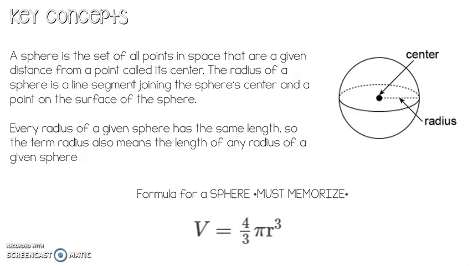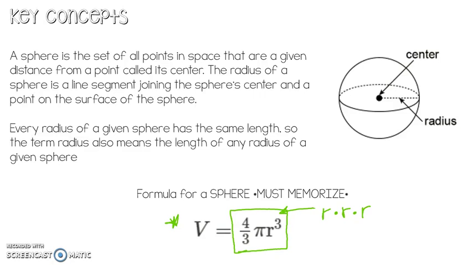When we're talking about the volume for a sphere, the volume formula is actually 4/3 pi r cubed. This cubed means that I am taking my radius, not multiplying by itself twice, I am actually multiplying by itself 3 times.